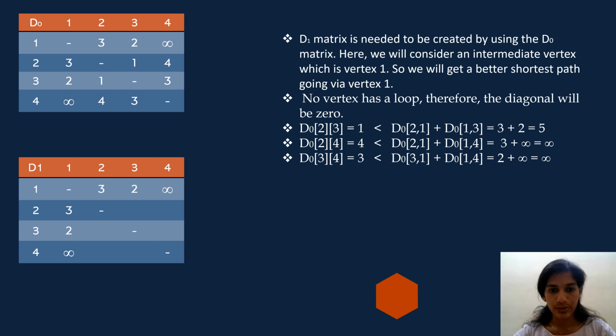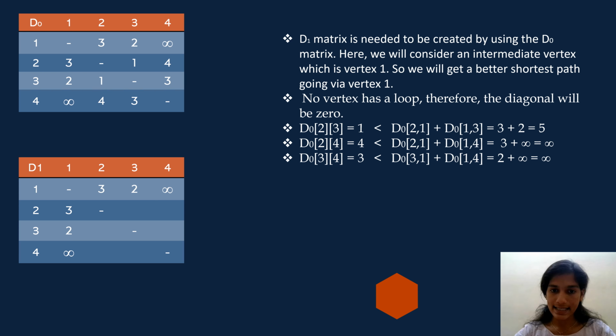Now the algorithm takes D0 of 2,3. What is it? 1. Then we compute D0 of i,k plus D0 of k,j, with k equal to 1, i equal to 2 and j equal to 3. So D0 of 2,1 is 3, and D0 of 1,3 is 2. Calculating, we get 2 plus 3, that is 5.